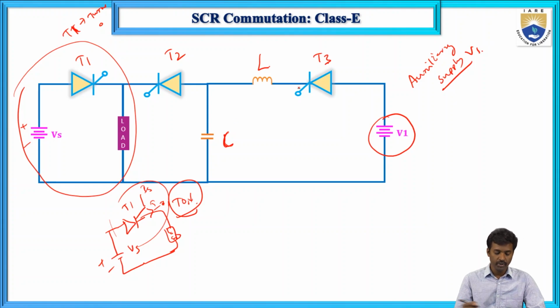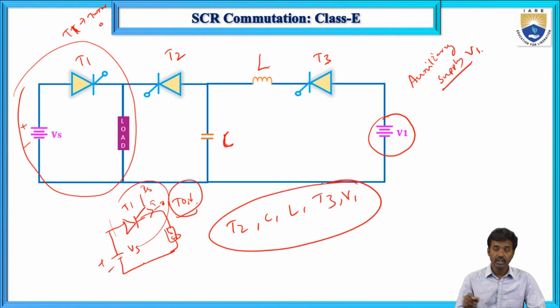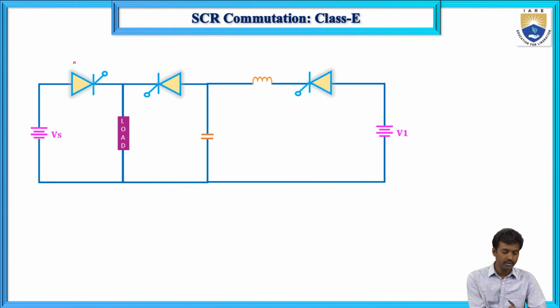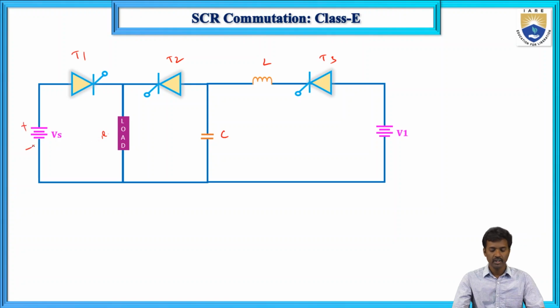So T2, C, L, T3 and V1 are the external components to turn off T1. This is the actual circuit diagram for the Class E circuit, with T1, T2, T3, L, C, the load R and the plus and minus supply.